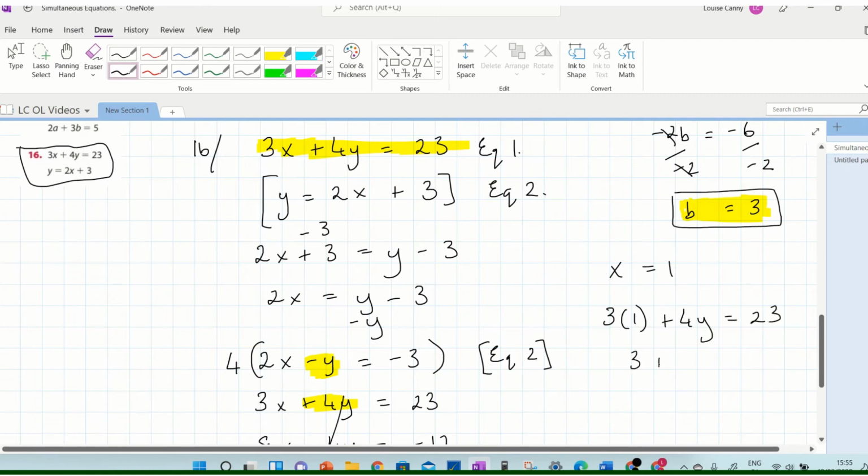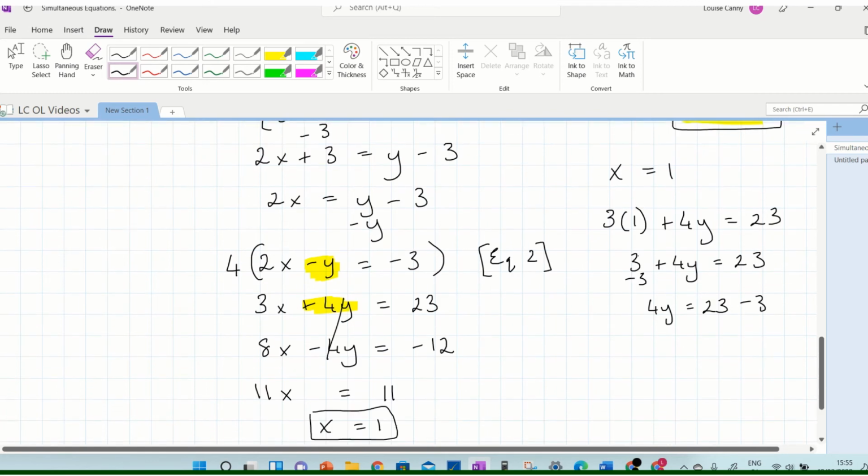So 3 plus 4y is equal to 23. That means that 4y is equal to 23 minus 3, here minus 3 here. So these cancel out, and I'm left with 4y is equal to 20. Now if I divide both sides by 4, that will give me y is equal to 5.